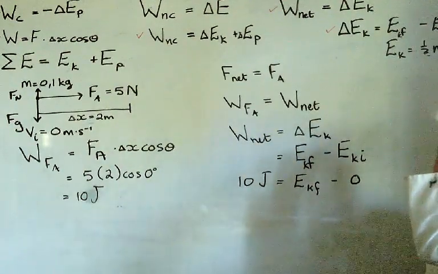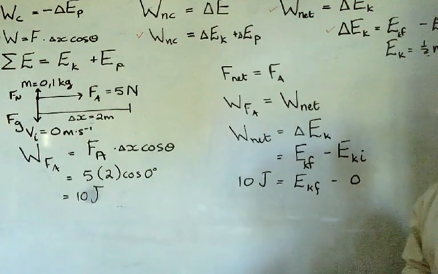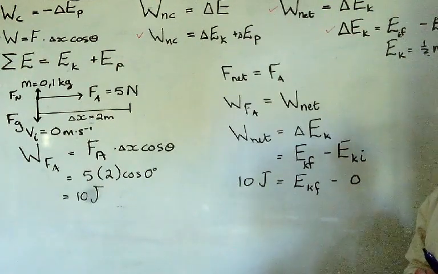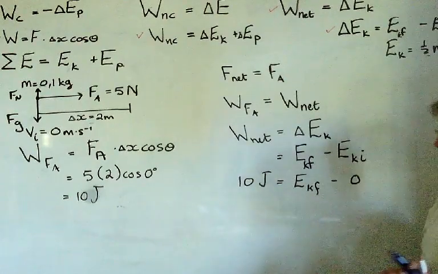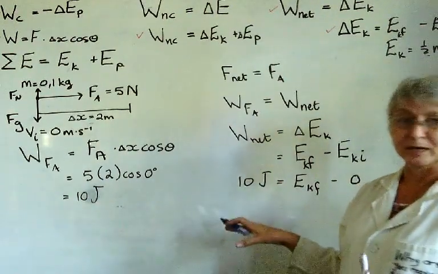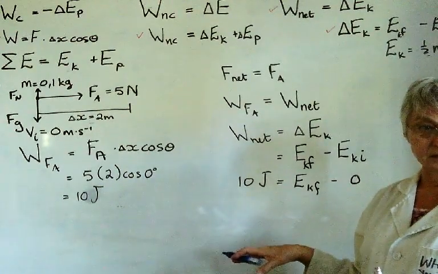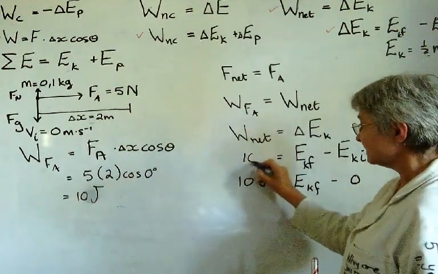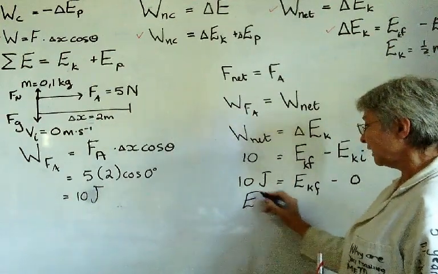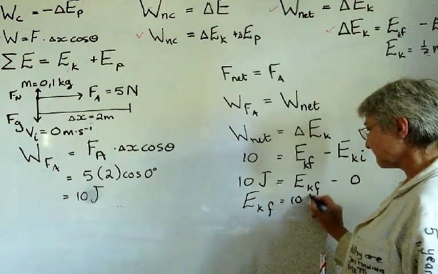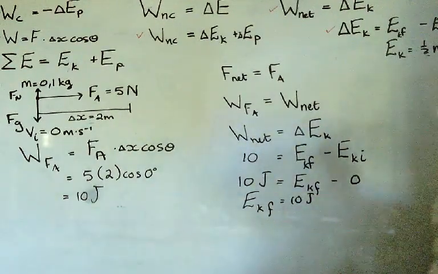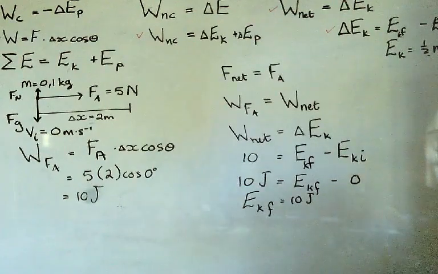Okay. I'm not sure, does that question ask you for the velocity? Oh, my. Yes, it does. So I'm taking baby steps here. That's why it's going so slow. So the final kinetic energy is 10 joules. Now, they're asking us for the final velocity.